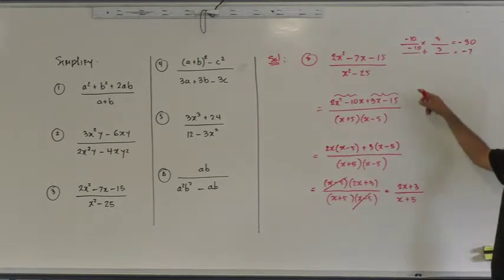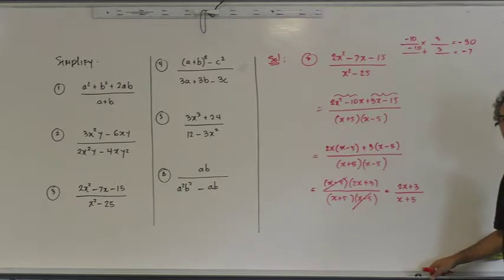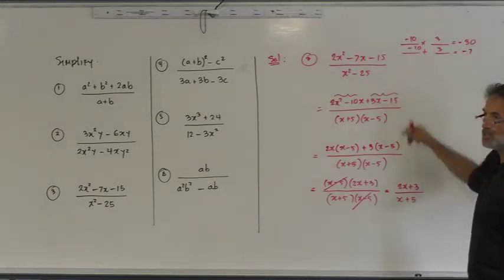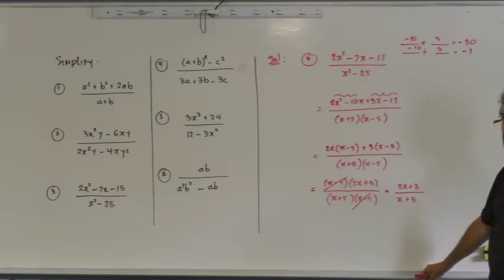Okay, when you simplify, most likely you're going to have factors that you can get rid of. So when you simplify a fraction, it is highly likely that you're going to have factors in common, something that you at the end can eliminate. All right.